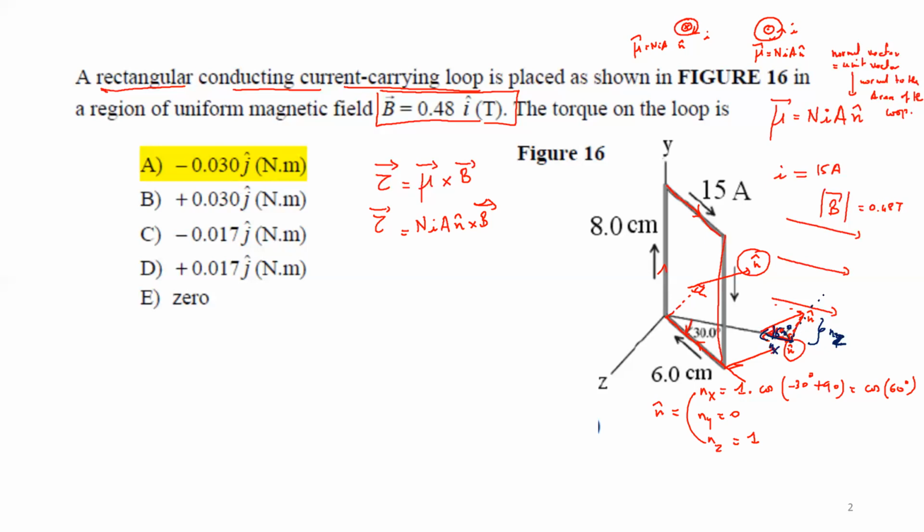Z is negative, so I put minus sine 60 degrees. Let me come back to my torque. It will be N, number of turns, I, A, and n I can write as cosine 60 degrees i hat minus sine 60 degrees k hat, and then this cross B, which is 0.48 i hat.